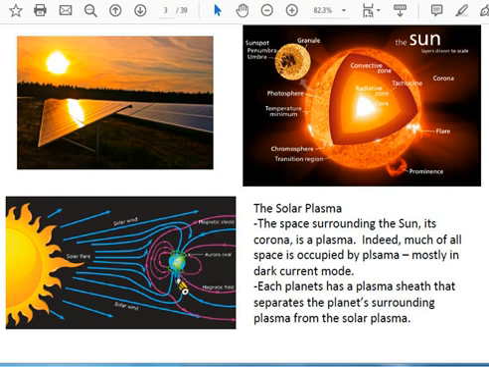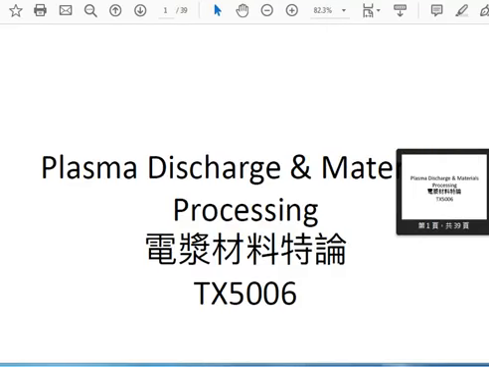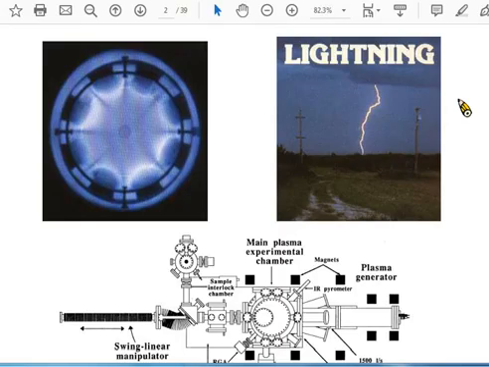There is not much plasma on the Earth, but the Earth is surrounded by a layer of weakly discharged plasma. Also on Earth, we might see lightning in a cloud or between the cloud and the ground. These are naturally occurring plasmas.